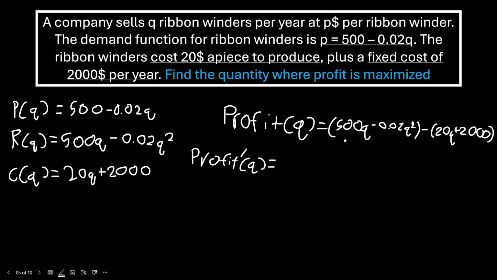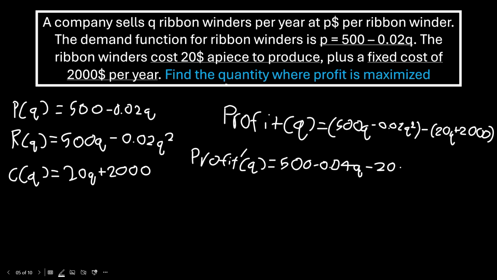So this would be 500 minus 0.4Q minus 20.